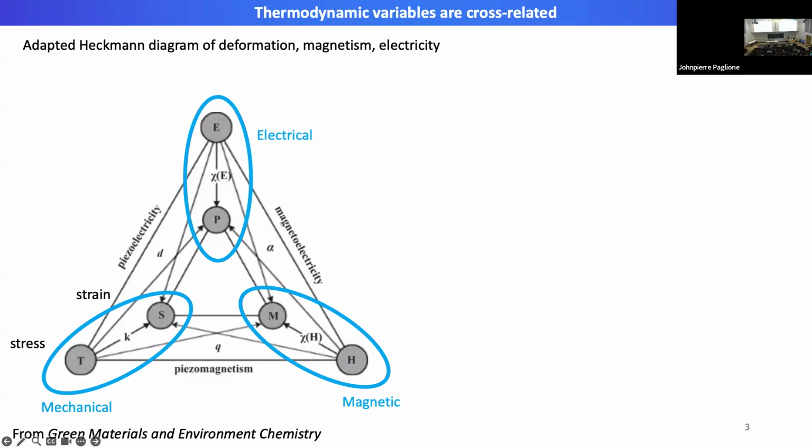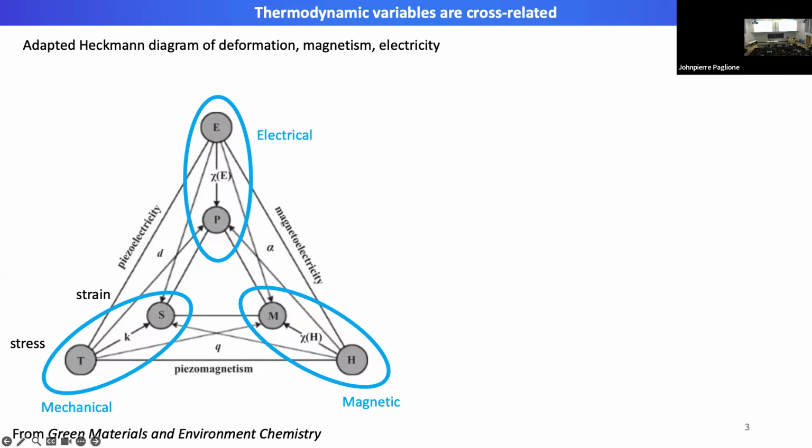Here we have three different groups, and within each of these circles, this pair of thermodynamic variables are so-called conjugate variables to each other. For the electrical properties, you have the electric field and polarization; for magnetic properties, we have magnetic field and magnetization; and for mechanical properties, we have stress and strain.